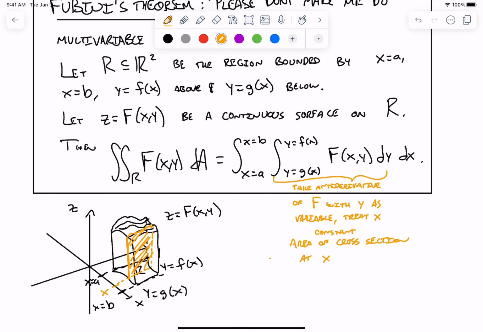Once you do the antiderivative and plug in the bounds, you plug in y equals f of x, then you subtract, then plug in y equals g of x. After you complete all of that, you have this A of x, some formula in terms of x that gives you the area of the cross-section at x.